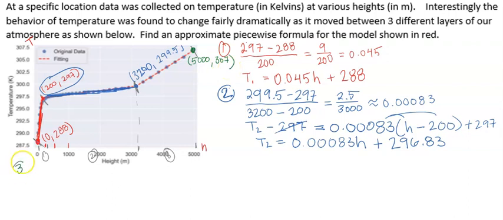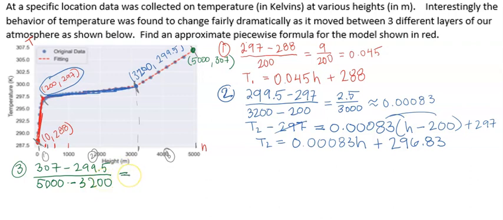So let's start right below the graph. So my slope, I'm going to take that 307. I'm going to subtract the 299.5, and then I'm going to match my x values. So the 5,000 goes with the 307, and the 3,200 goes with the 299.5.